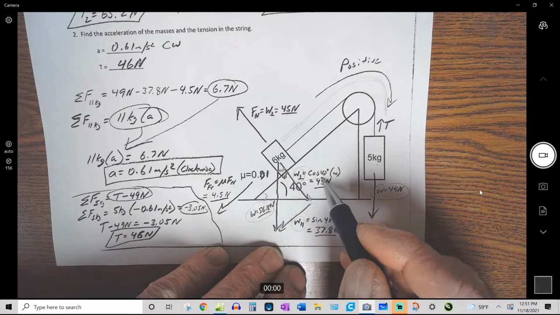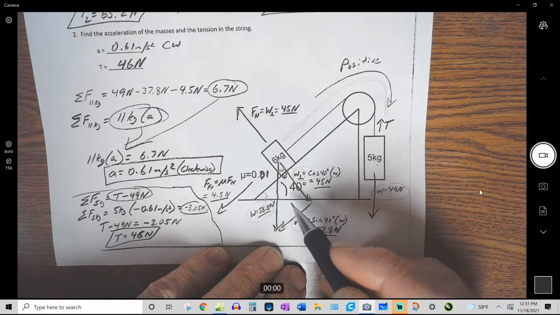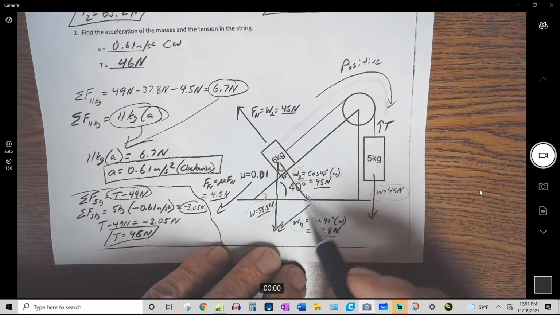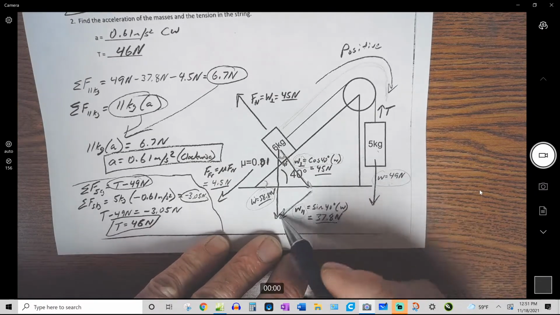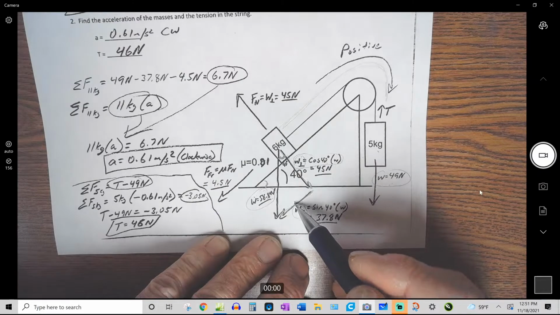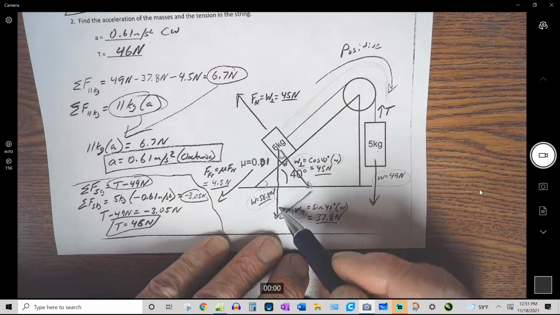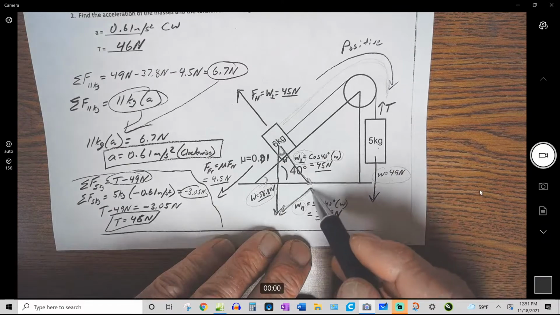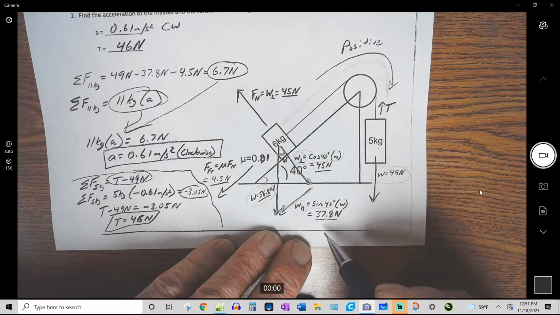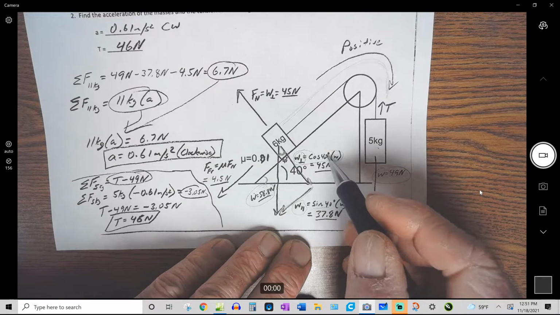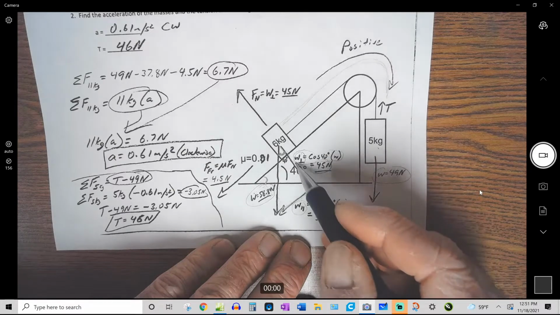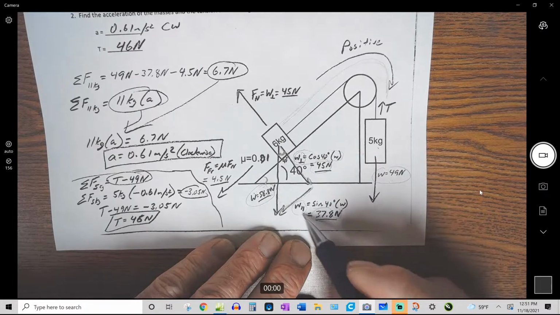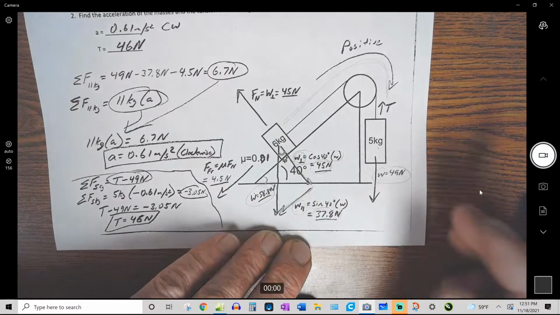So the perpendicular component is cosine 40 times the weight. And this is the opposite, so I would use sine here. Opposite and hypotenuse are related to one another through sine. So this equals sine 40 times the weight. And when I multiply those out, I get 45 for the perpendicular component, 37.8 for the parallel component.